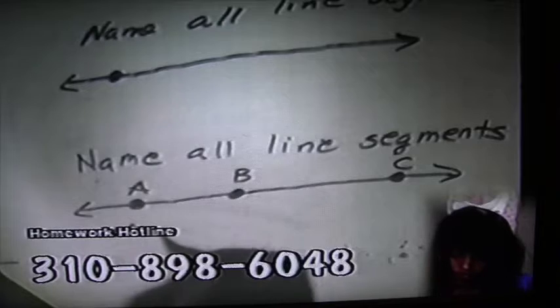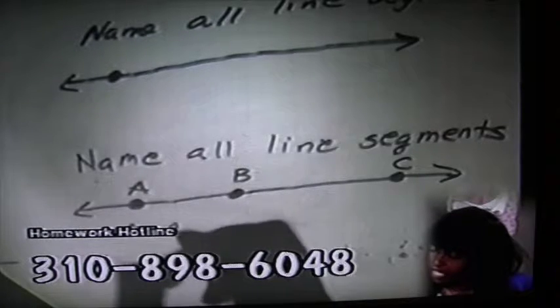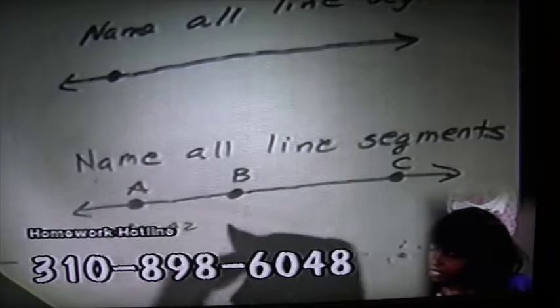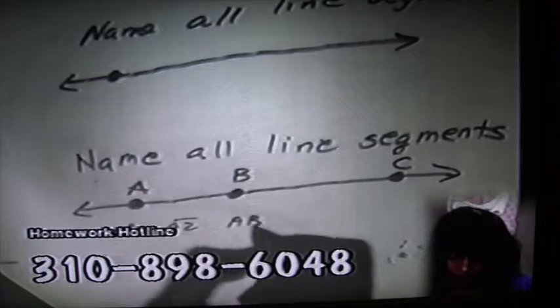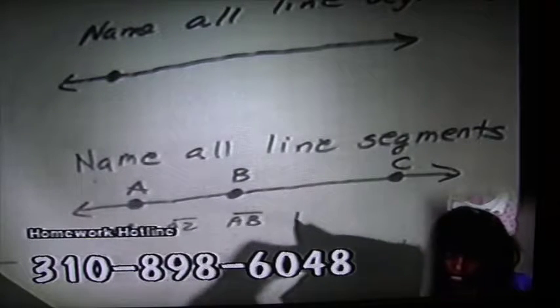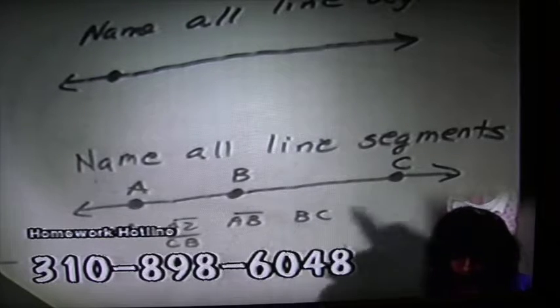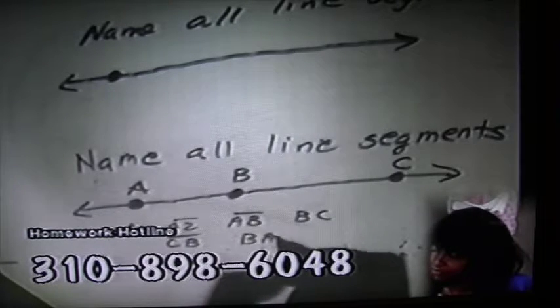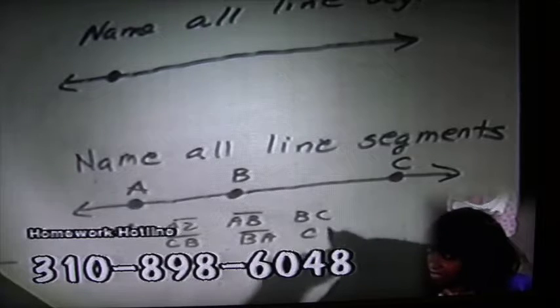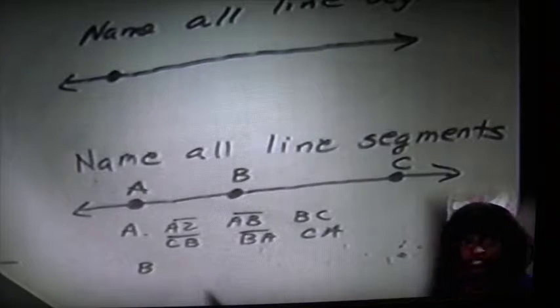On your answer, you might get A, Z, A, B, B, C, C, B, B, A, C, A, or I'm just going to do two choices here.